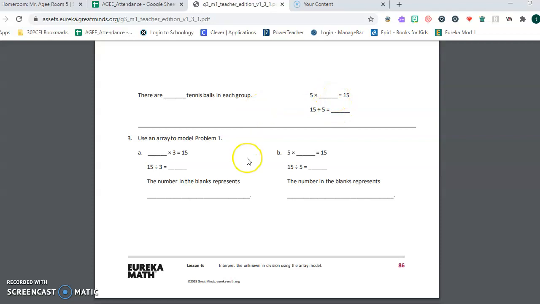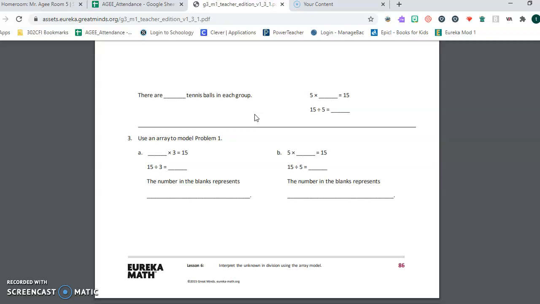Okay, so just to review, we've got the basic parts of a multiplication problem are the number of groups, the size of each group, and the product.